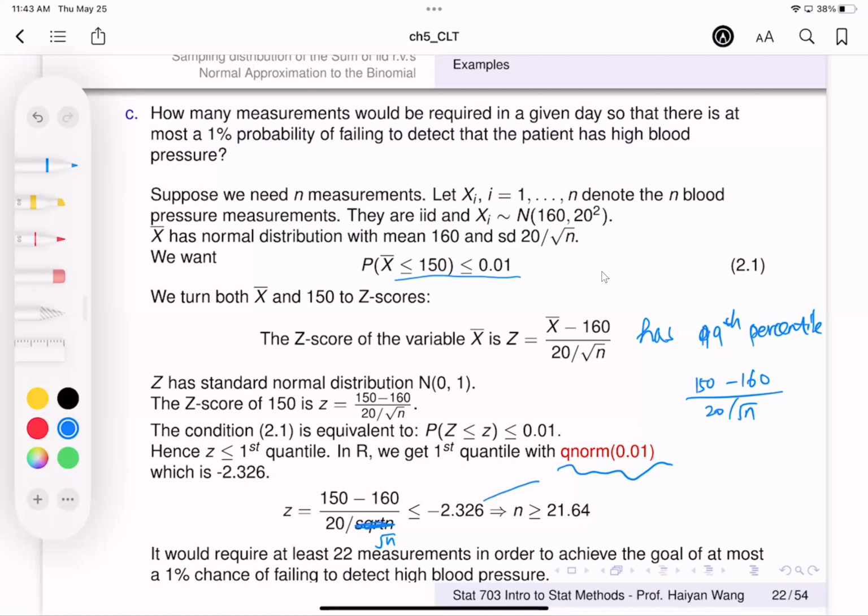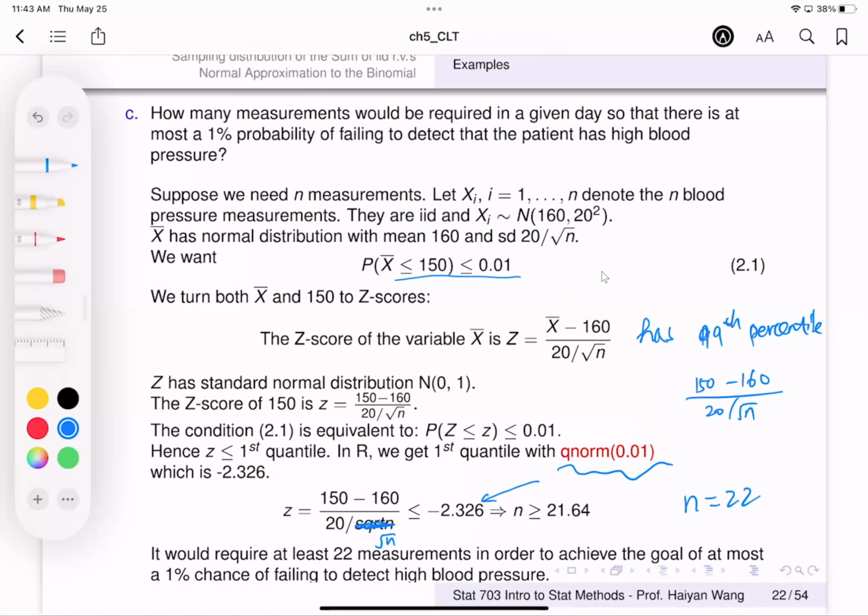That gives us the value negative 2.326. From here, we can solve for N, and that tells us N has to be at least 21.64. In that case, we take N to be 22, always rounding up in order to guarantee this inequality.